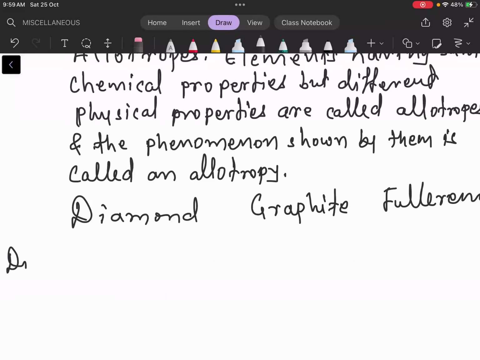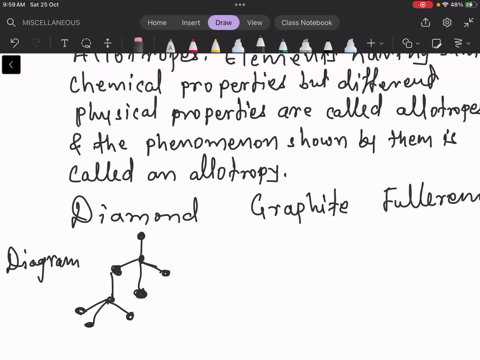Now diamond has a three-dimensional network-like structure. This is one carbon, this is another carbon. So in diamond, every carbon is attached to four other carbons.